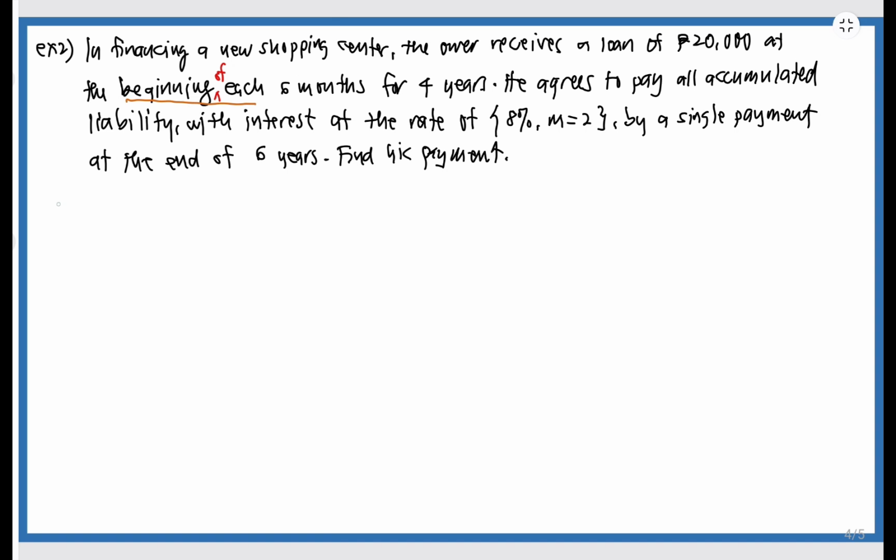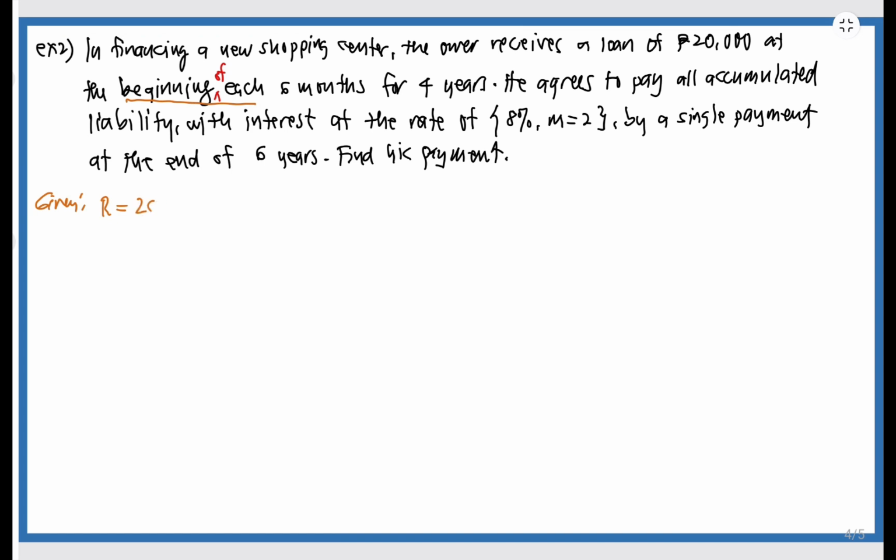So first, what are the given data? 20,000 is R, because he receives the loan. The loan is given every 6 months. It's not given as a lump sum at the very beginning.